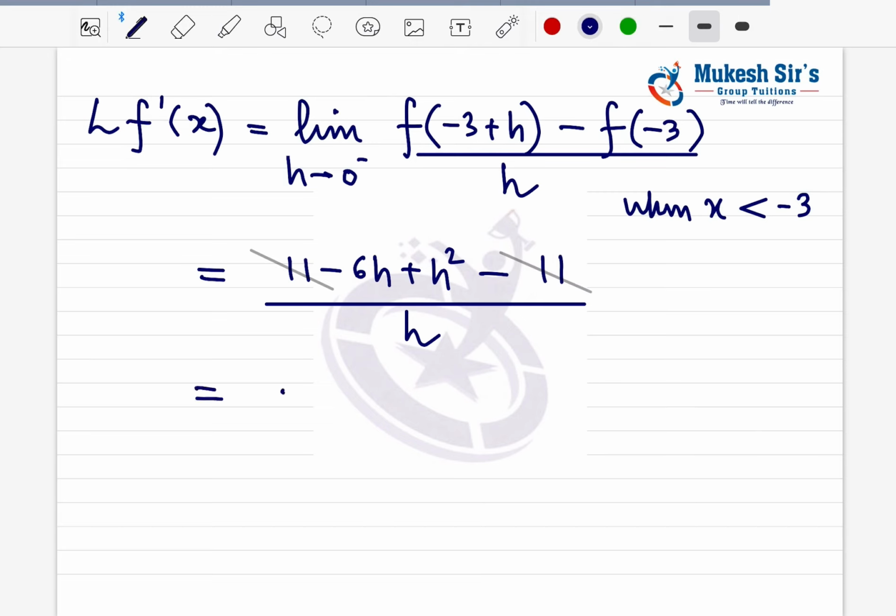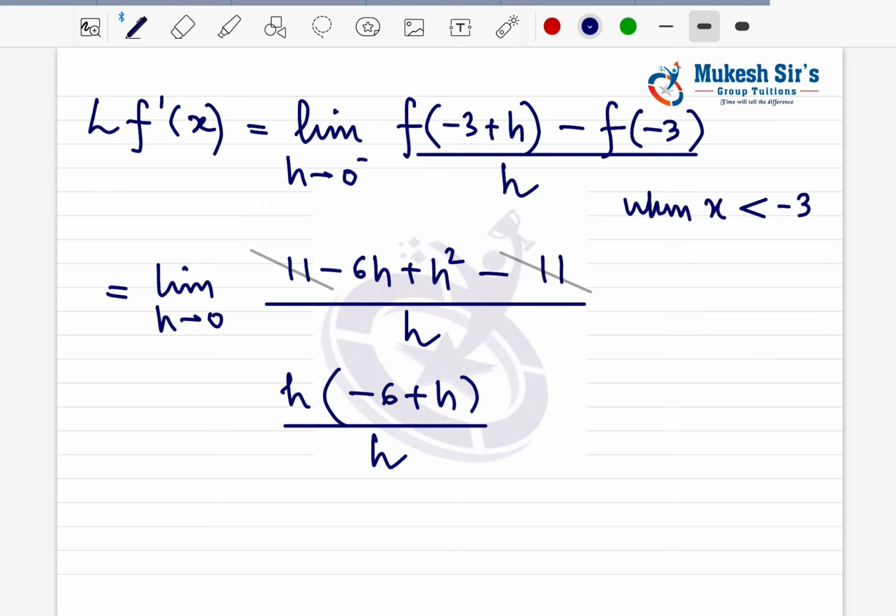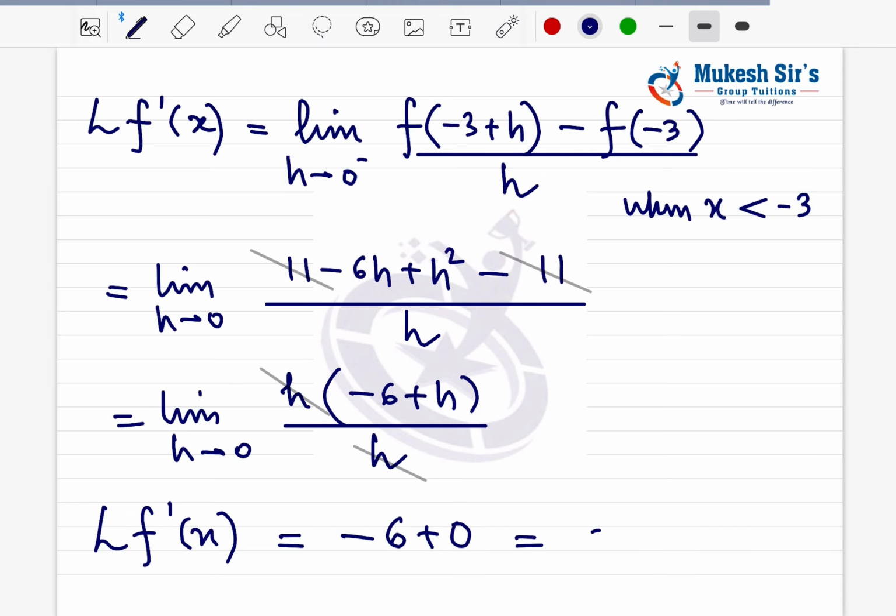So this becomes, you can take h common, get minus 6 plus h upon h. And please write the limits there. यहाँ पे h and h gets cancelled. You can apply the limits. So your left hand derivative is minus 6 plus 0. That becomes minus 6, right?